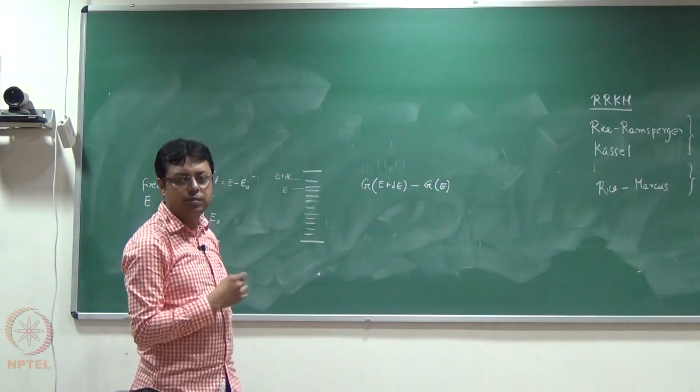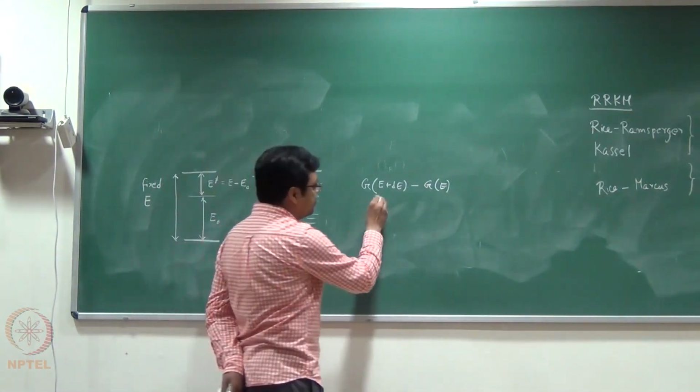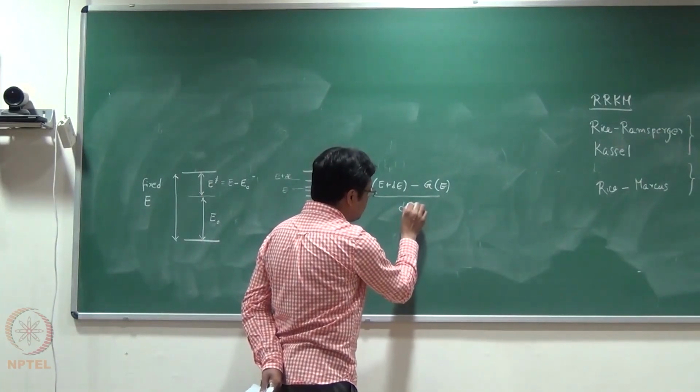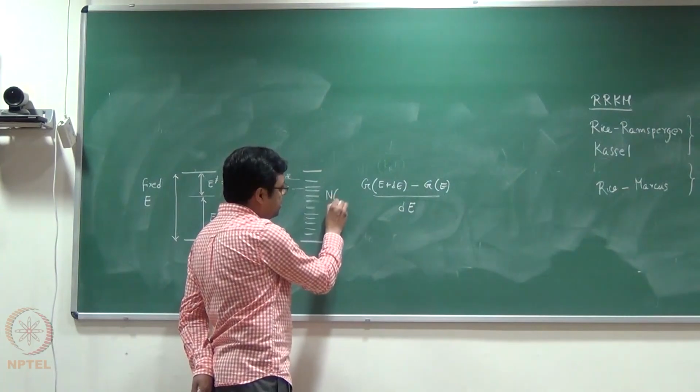Now what will be the density of state? Density means it's the number of states per unit energy interval. So if I write it like this, that I call the density of state.